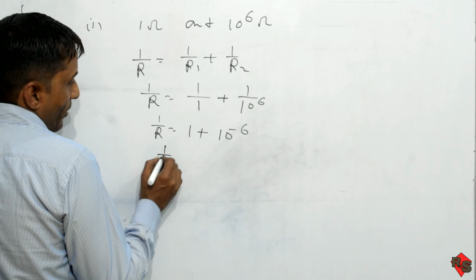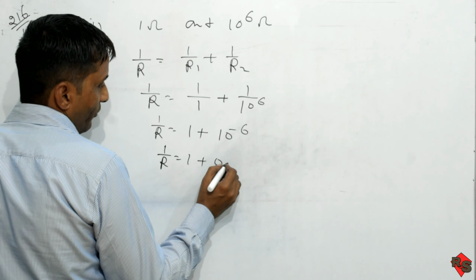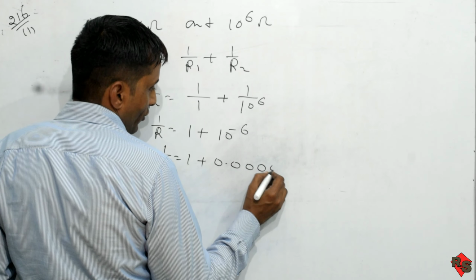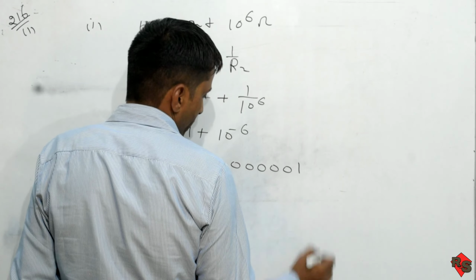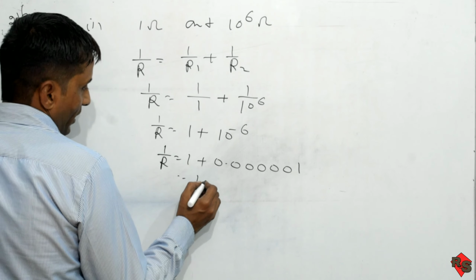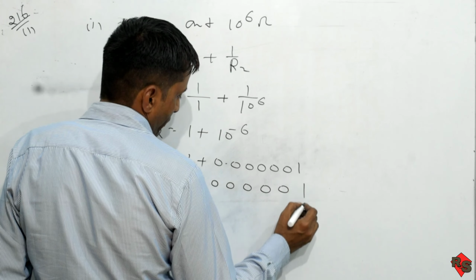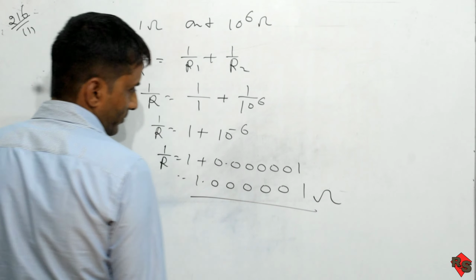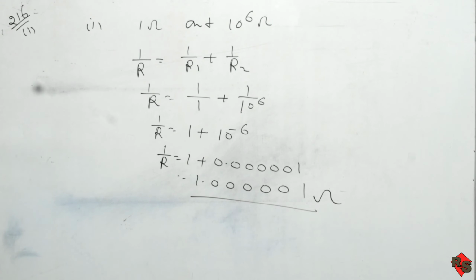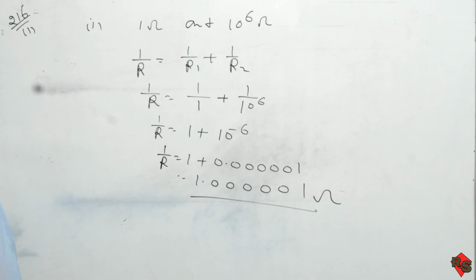So 1 by R equals 1 and 10 to the power minus 6, which means 0.000001. So the answer is 1.000001. So we can say it is 1 ohm. No problem, we can say that it is 1 ohm.